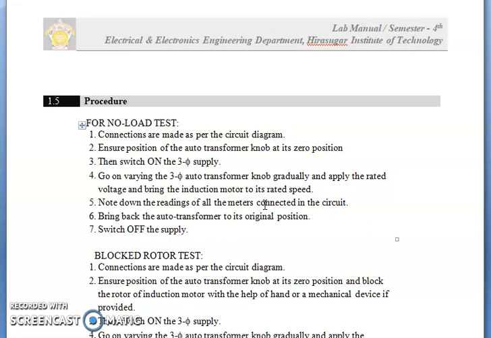Hence, while conducting, we have to interchange the connection of C and V. Then we have to take the reading, and that value we note down as a negative reading. For calculation purpose, the total no load power supplied to the induction motor is the sum of the wattmeter readings of W1 and W2. Hence, we have to take the wattmeter reading which shows a deflection in the negative direction as a negative value.